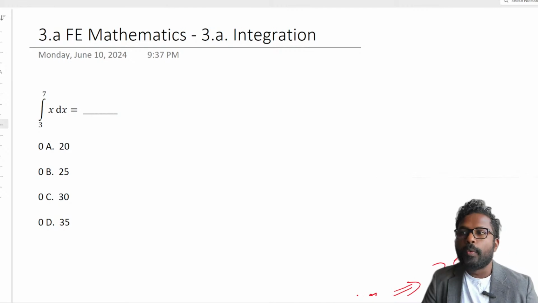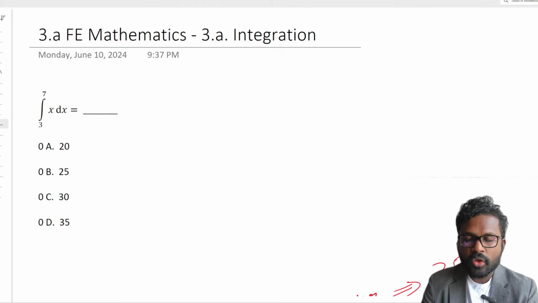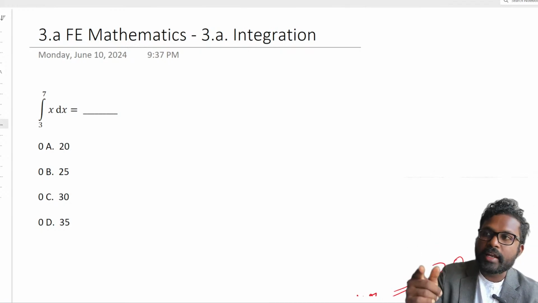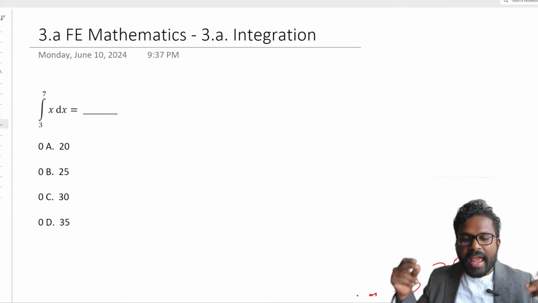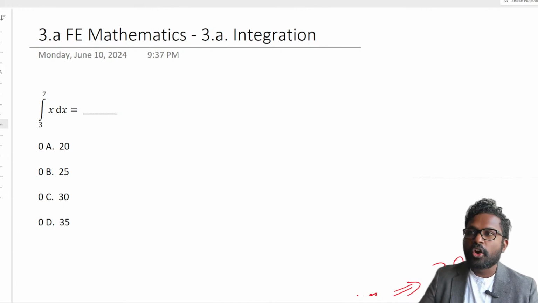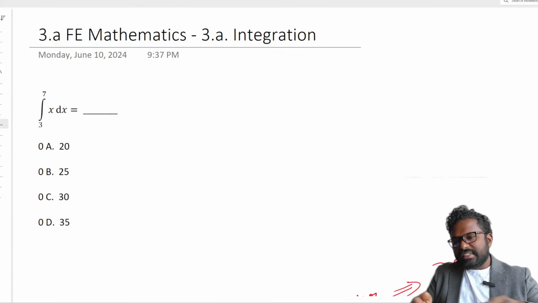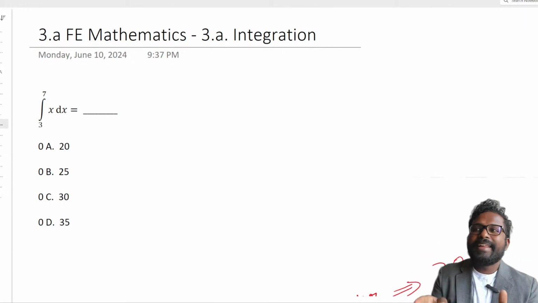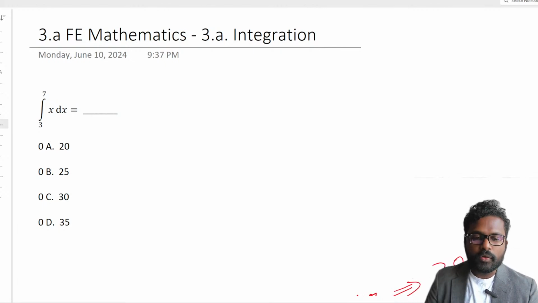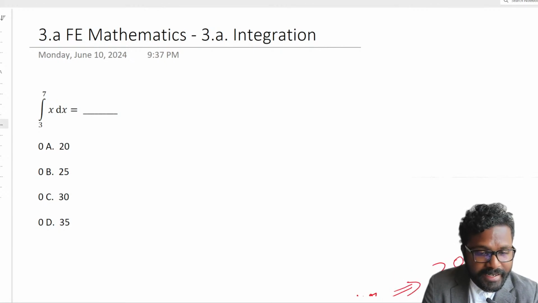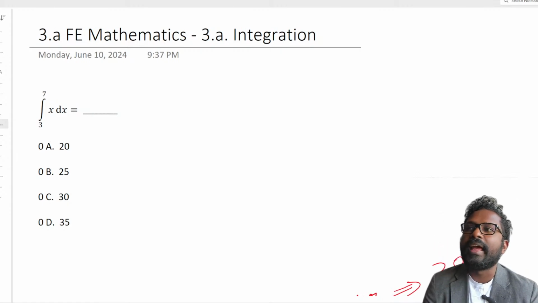Today we are going to deal with one of the very high scoring and very easy subjects in the FE Mathematics section, called, drum roll, integration. The question you see here is the integral of 3 to 7 of x dx.